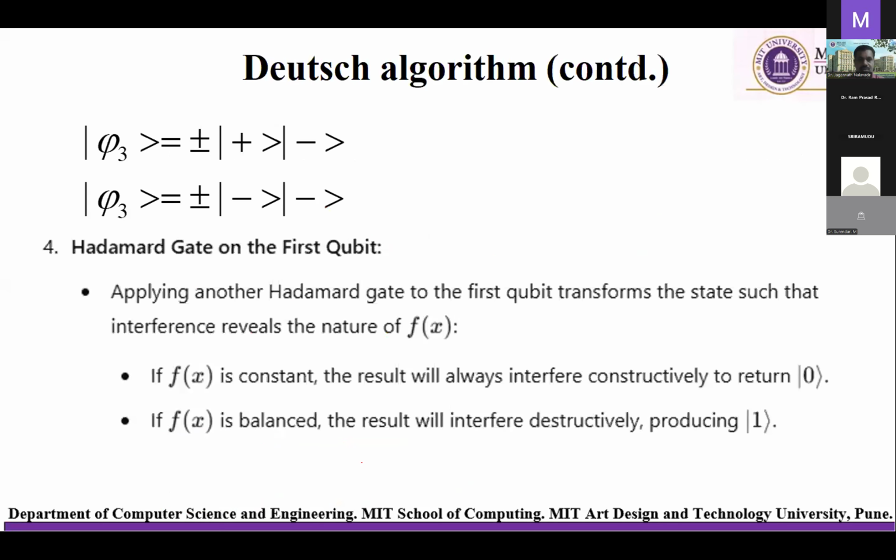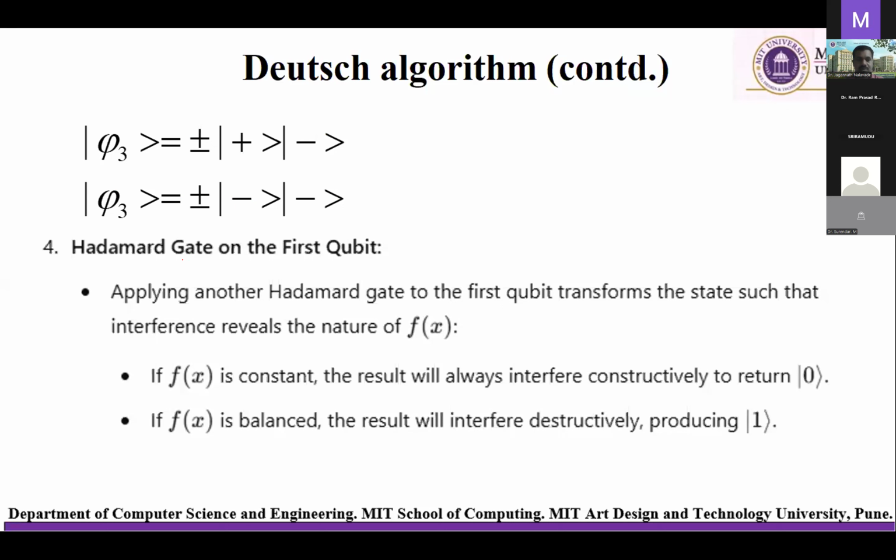This plus state is called a 0 state, and this minus is called a 1 state. So in ket psi 3, if there is a 1, then the output will be like this, plus minus, ket minus into again ket minus.